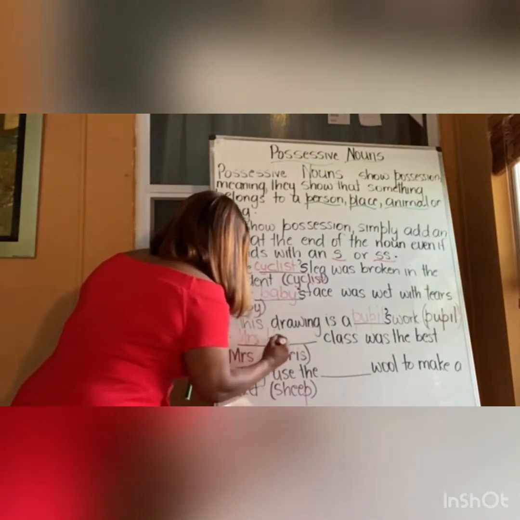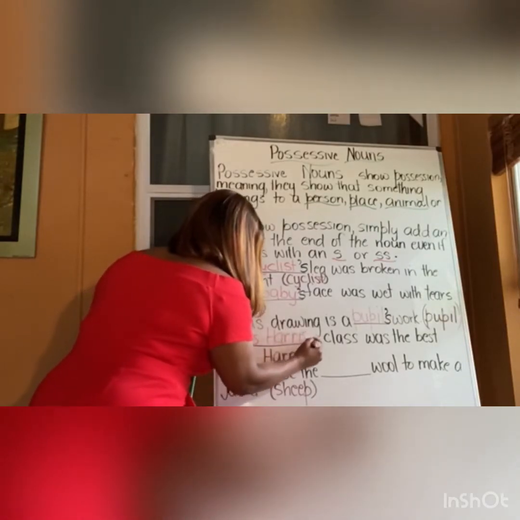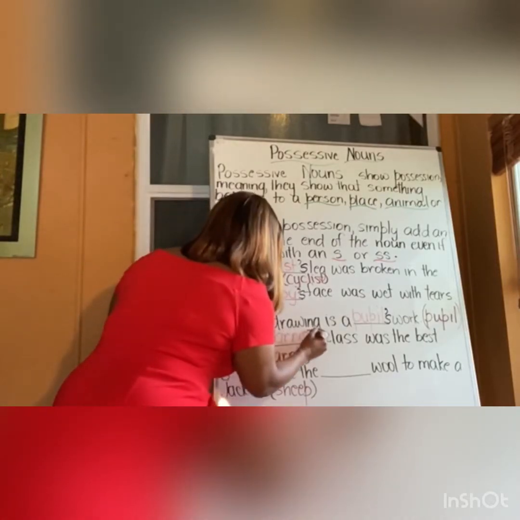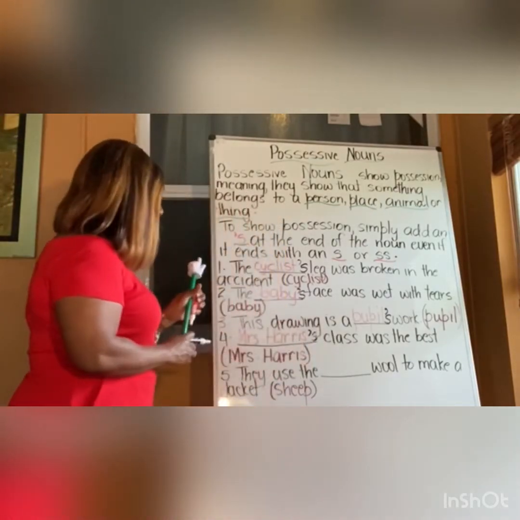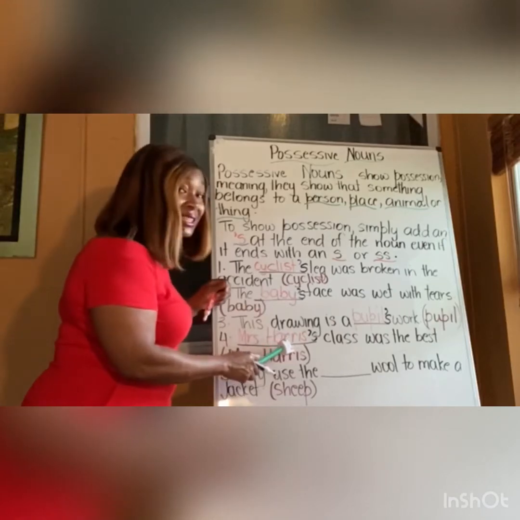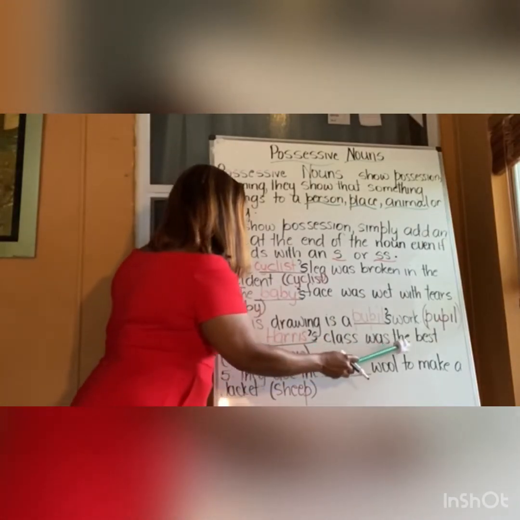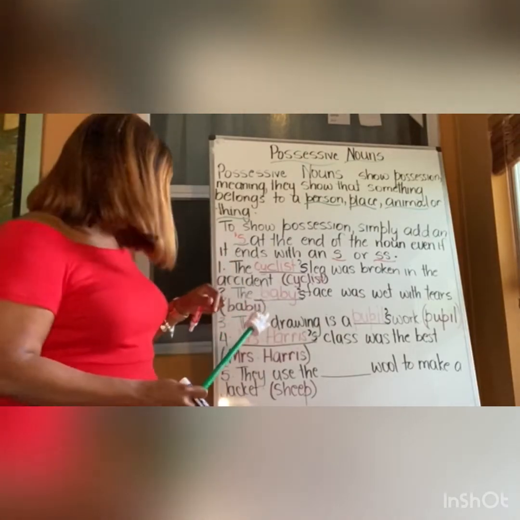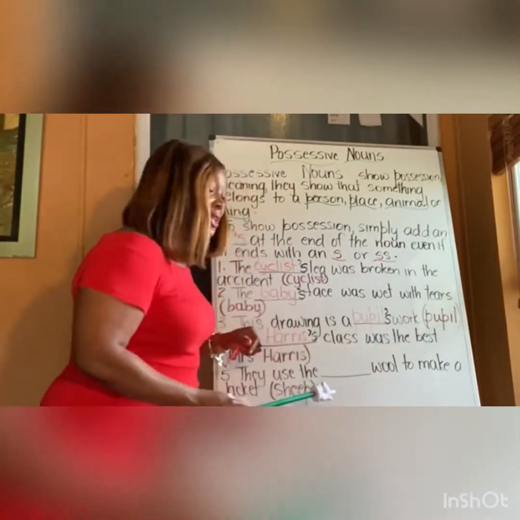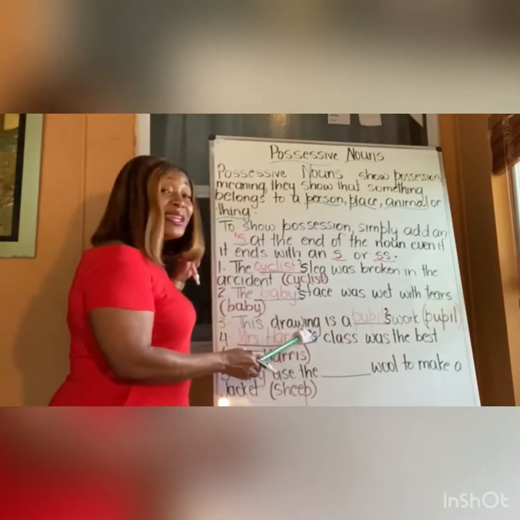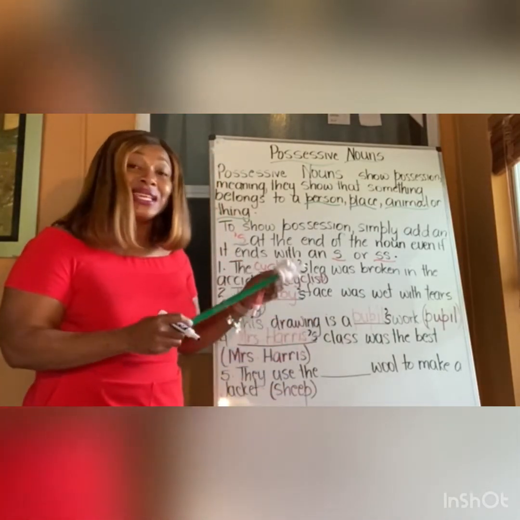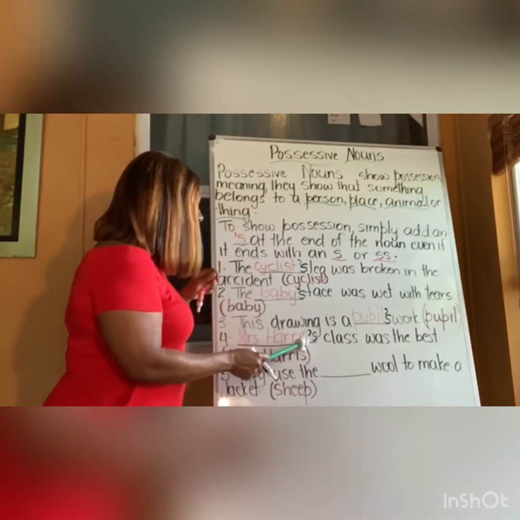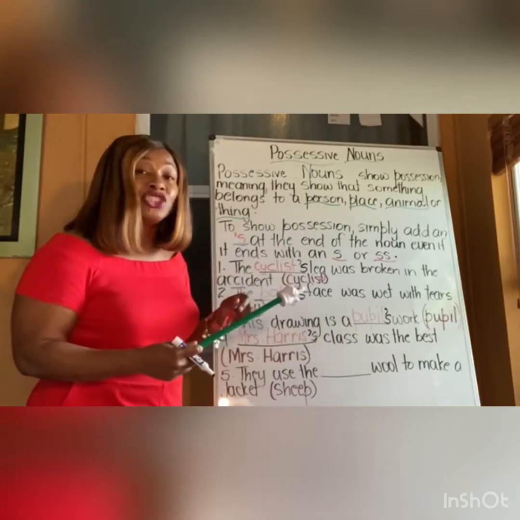It ends with an S, but we're still adding an apostrophe S. Mrs. Harris's class was the best. So in this case, it is pronounced as if it's an S-E-S, but no, it's an apostrophe S because we're showing possession.